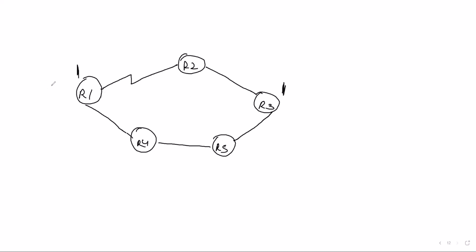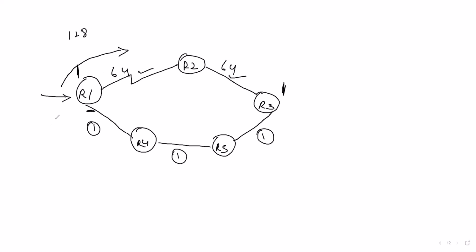We are running OSPF. This cost is 64, this cost is 64. This is a Fast Ethernet link, so its cost is 1, 1, and 1. If I go from the upside, the cost is 128, 64 plus 64. If I go from the downside, it is 1, 2, 3. So which one is good, guys? 3 is the lowest cost, and lowest cost is always better.